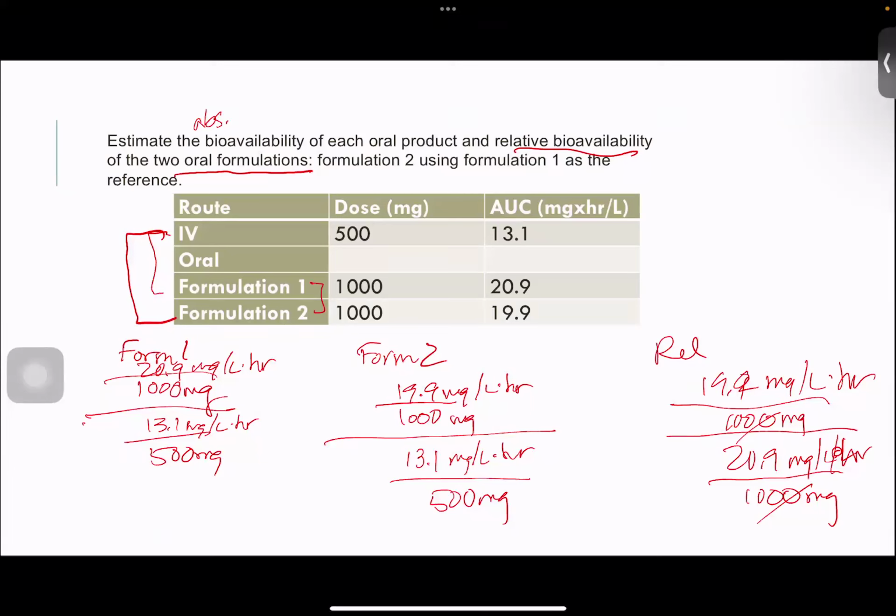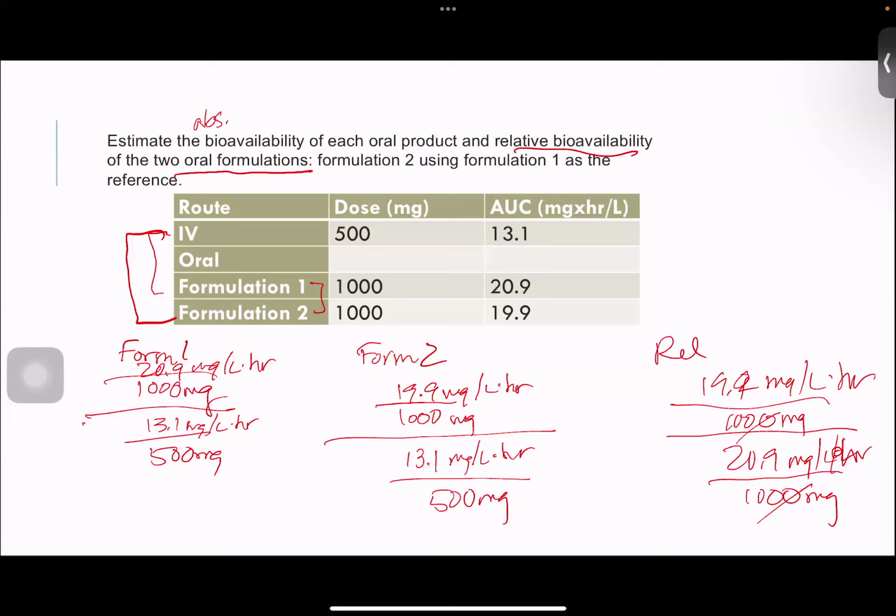So when you write it as a percentage, it would be rounded to the hundredth if you're looking at a fraction. All right. What'd you get for formulation number 1?